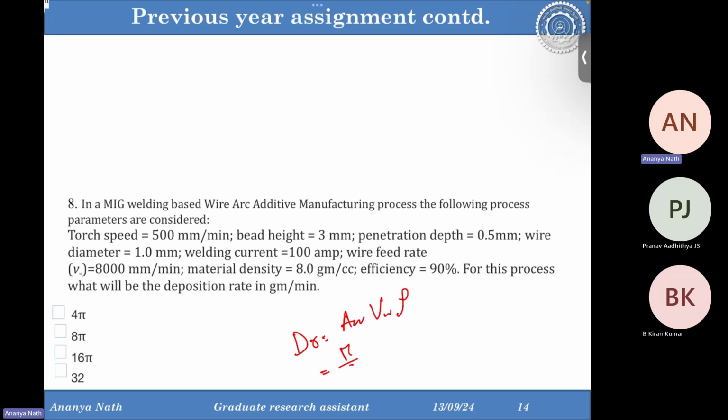AW means pi by 4 into (1 into 10 to the power minus 3) squared into V. This will come to something around 16 pi. Okay.